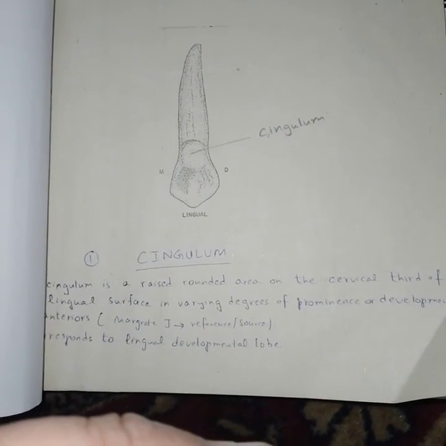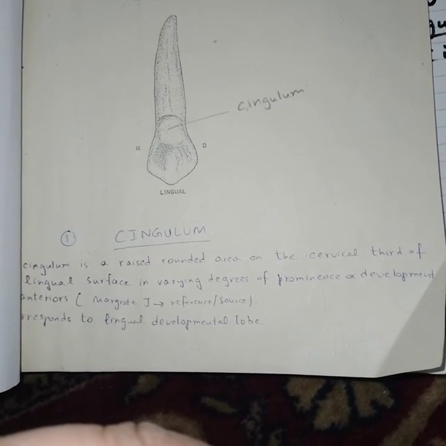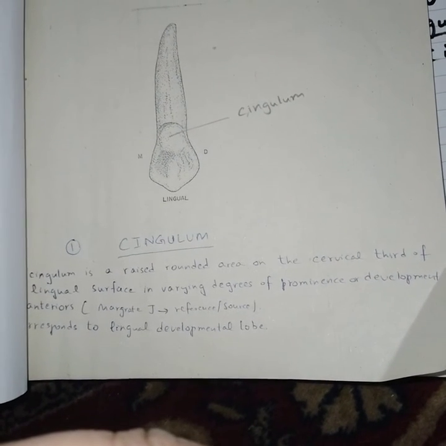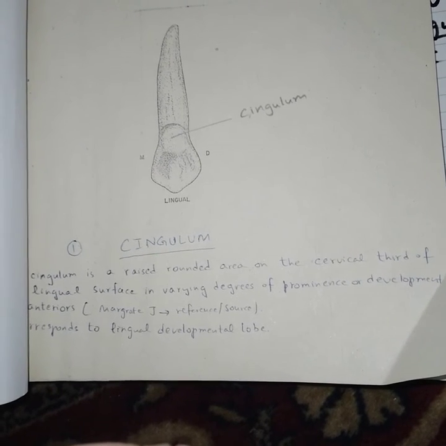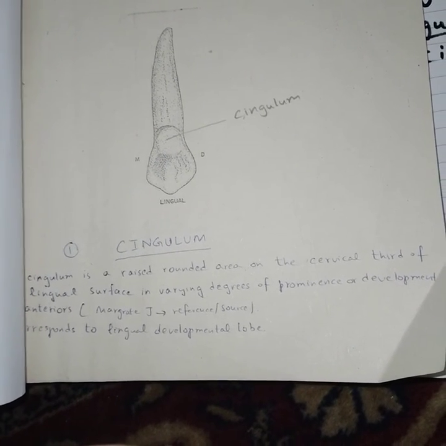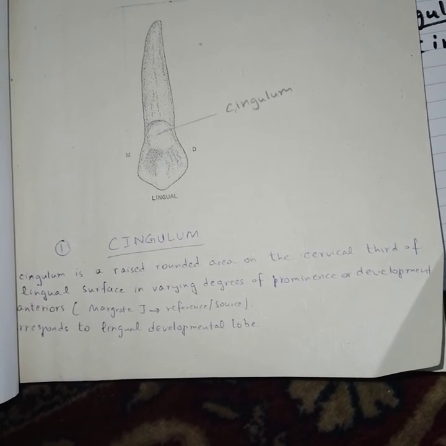The cingulum is defined as a raised rounded area on the cervical third of the lingual surface in a varying degree of prominence or development.